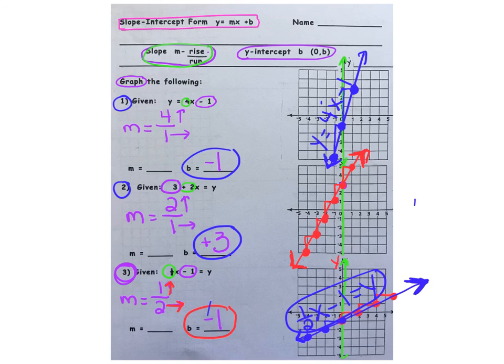We've just highlighted a few here with our dots. Finally, wrap it up by labeling the equation above or below the line. Go ahead and move on to the next page, where you will encounter some negative slopes.